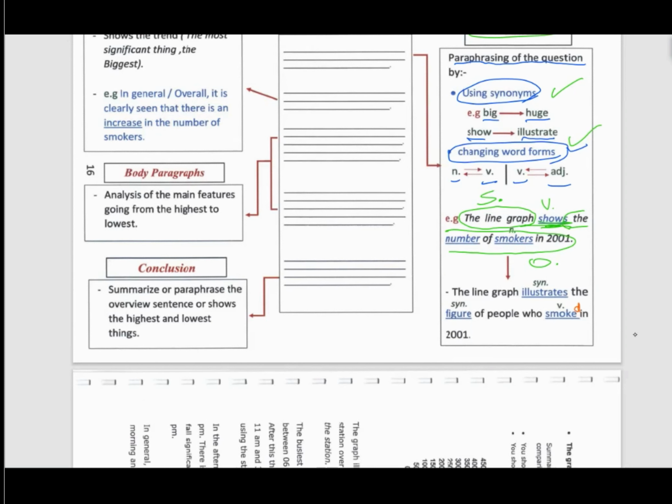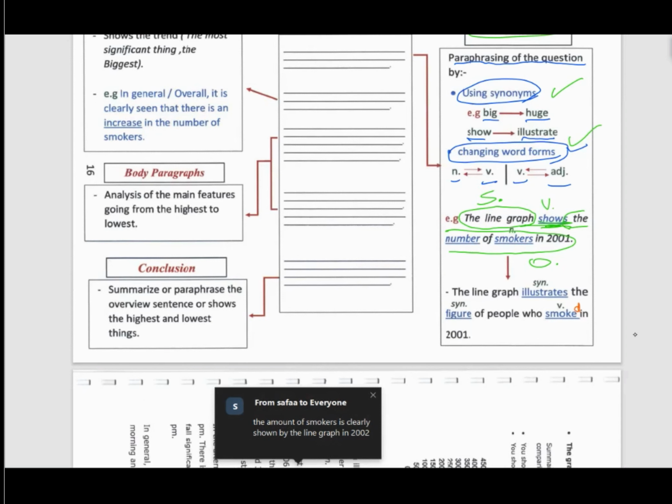Don't make it complicated, please. You are from different levels in English. So there are very, very good students here, and there are good, and there are others, so don't make it a big problem. Use synonyms. If you can, use or change some forms, one form, for example.